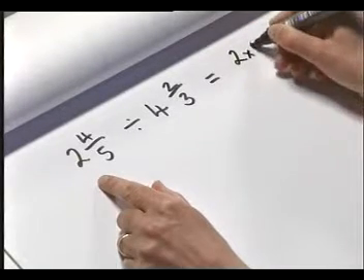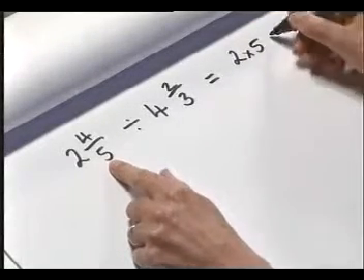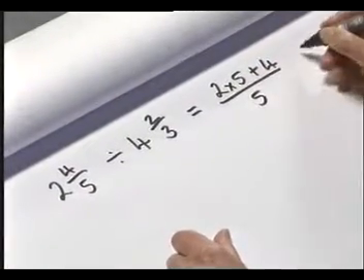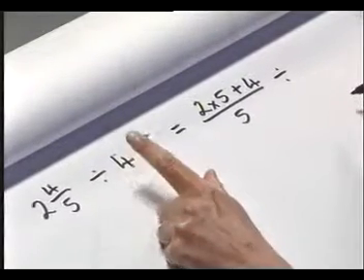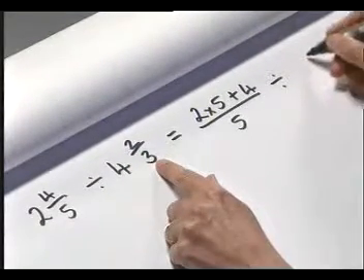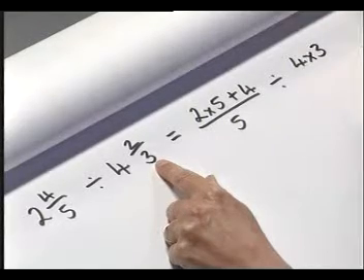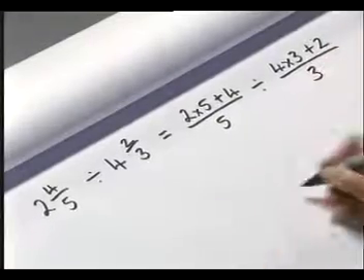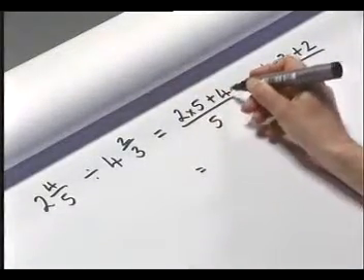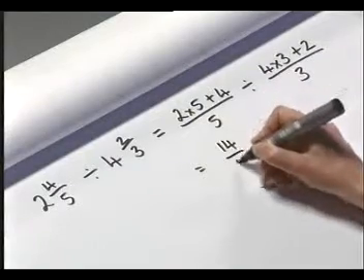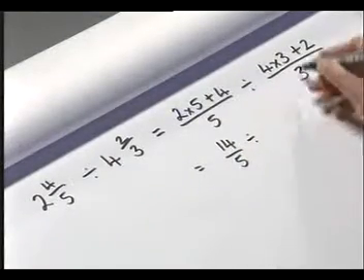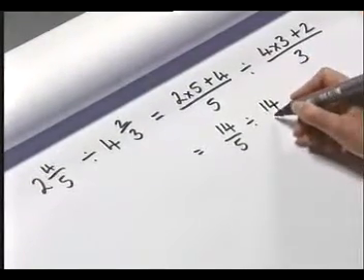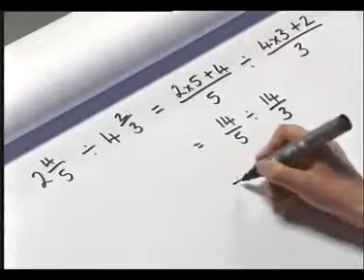So we've got 2 lots of 5, that's the whole ones turned into fifths, plus the 4, that's how many fifths we've got, divided by 4 whole ones, we need them turned into thirds, so that's 4 times 3, plus the 2, that's how many thirds. 2 fives are 10, plus 4 is 14 fifths, divided by 4 threes are 12, plus 2 is 14 thirds.